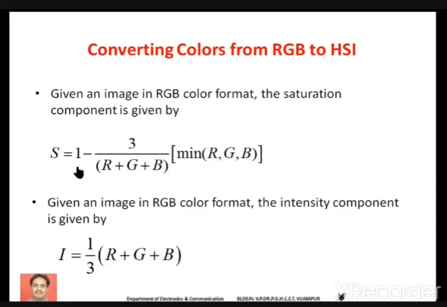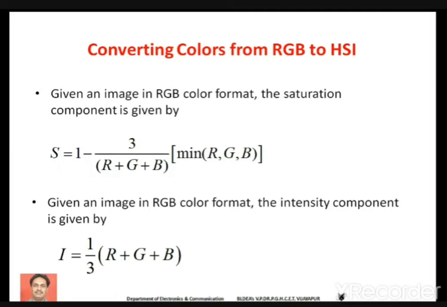What we do is, we use the formula 1 minus 3 divided by R plus G plus B, multiplied by the minimum of the red, green or blue color value. This is the formula for calculating S, that is saturation.